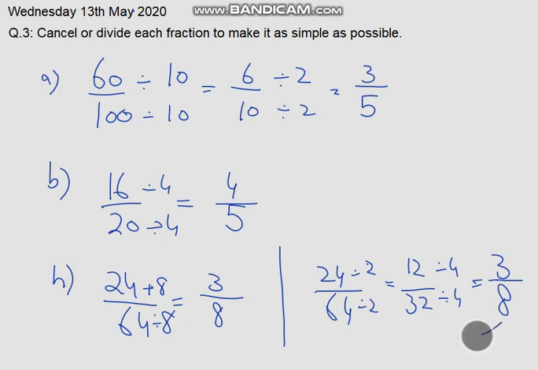So we get the same answer in both cases. If you divide by a small number or a large number, you get the same answer, and 3 by 8 is the simplest form of 24 divided by 64.